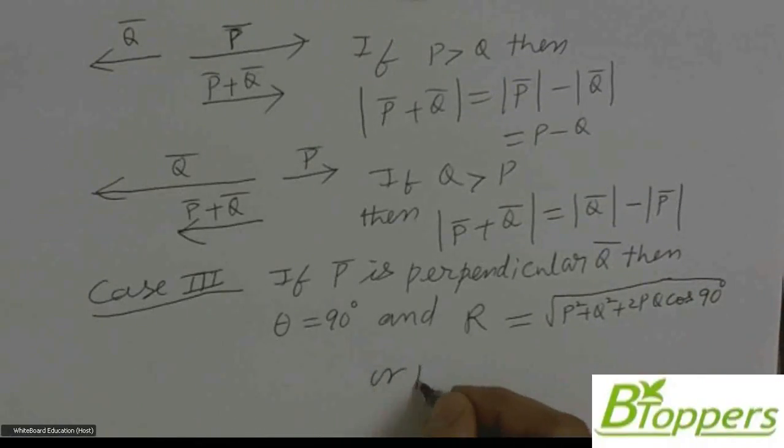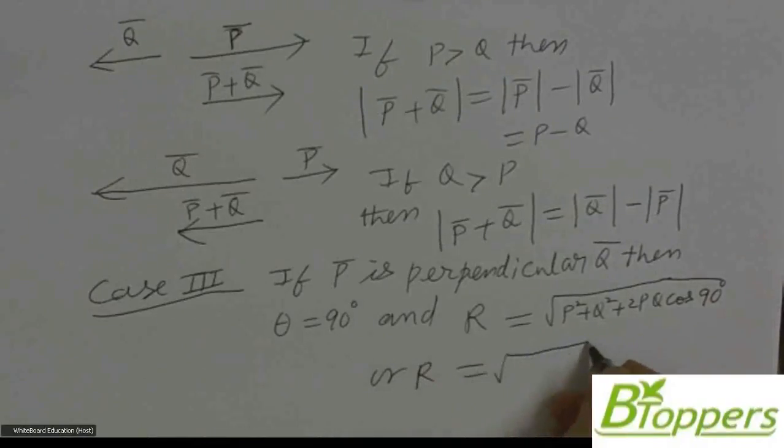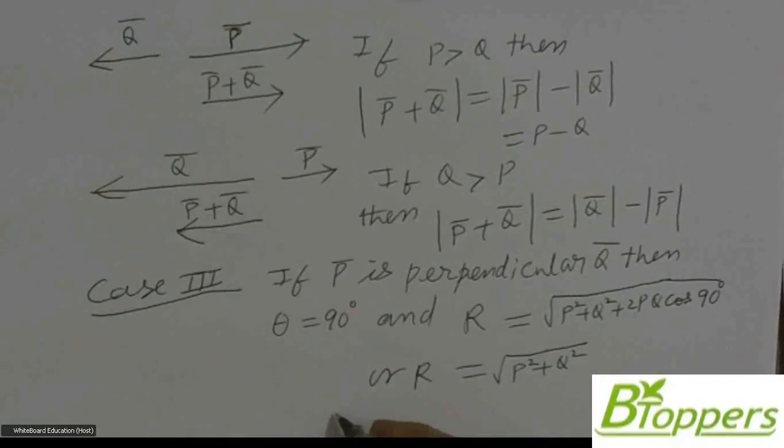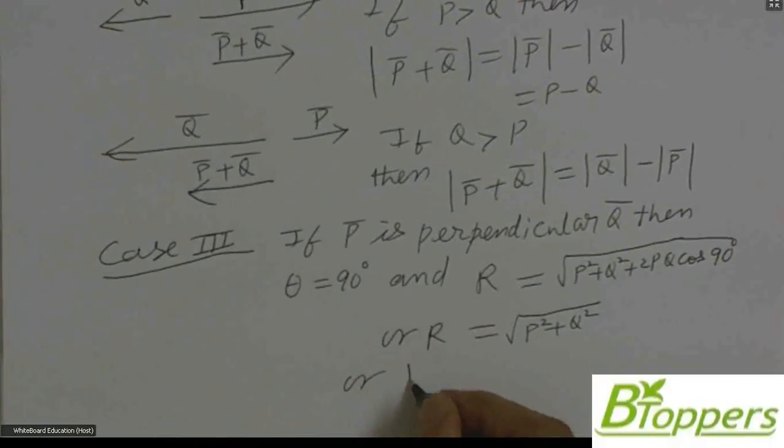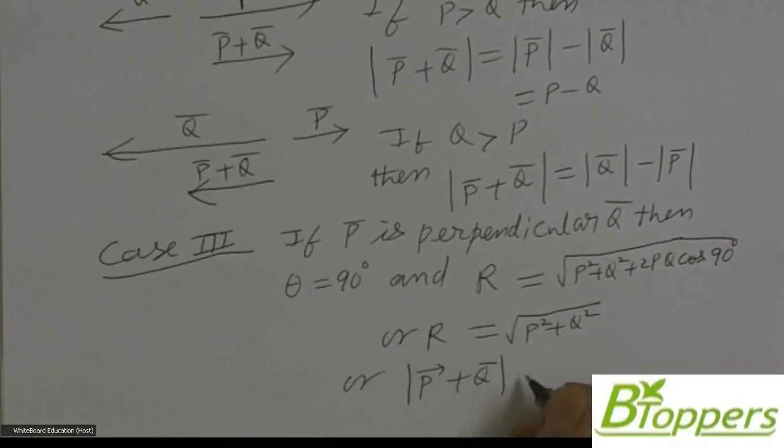You must be knowing cos 90 degrees is 0. So you can write R equal to root of p square plus q square. Or the same result may be written as: the magnitude of the vector sum of p bar and q bar is equal to root of p square plus q square.